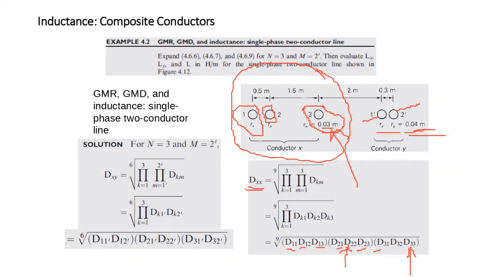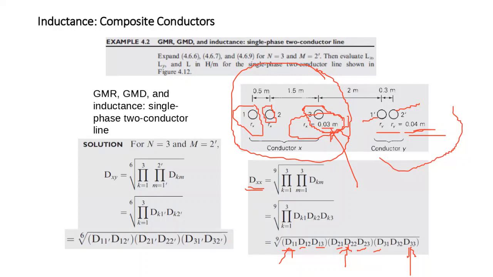So much of the time you will spend only on the calculation. So 1 equals 2 equals 3. Why? Because they have the same radius, 0.03. Also, this is only for conductor X. Okay, that's what you did here for conductor X. Also, you do the same thing here for conductor Y.